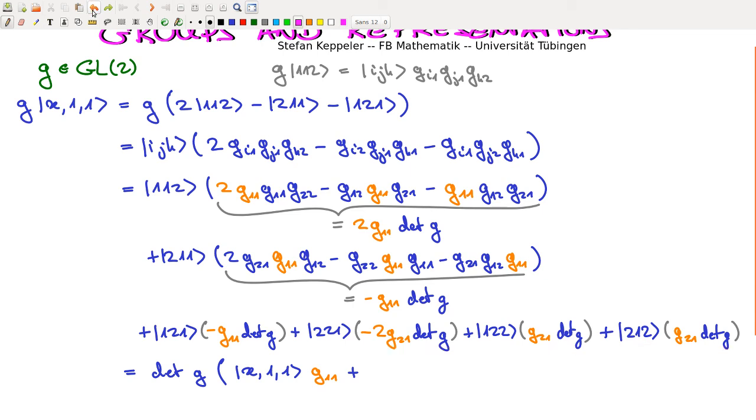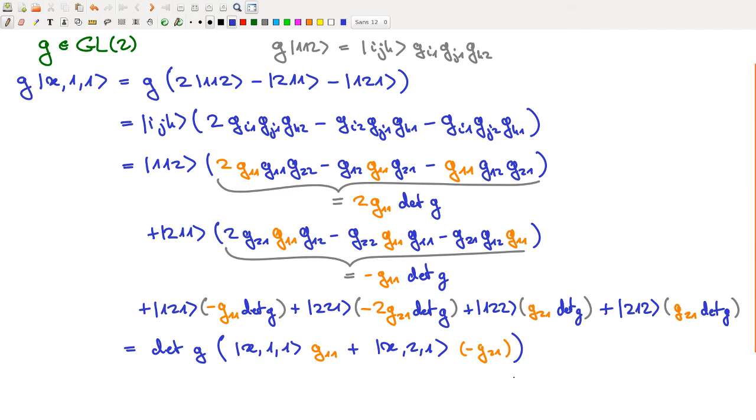So what we find here is plus, let's say, kappa 2,1, and this is multiplied with a minus G21. Okay. And always this determinant factor here.